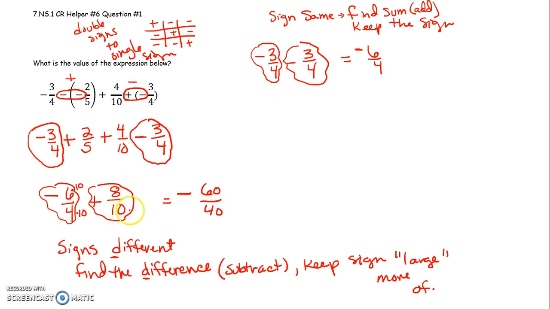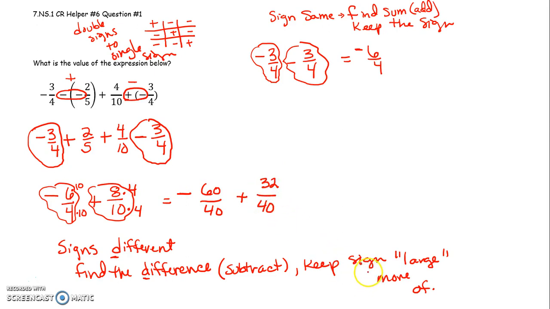Now I'm going to multiply 8 by 4 and 10 by 4. So it's going to be plus 8 times 4 is 32, 32/40.